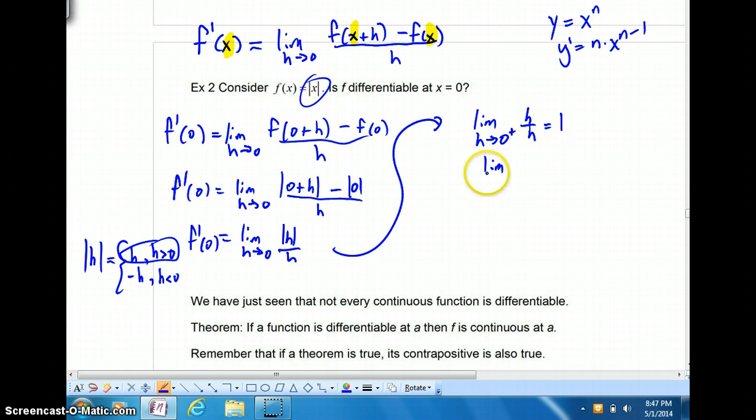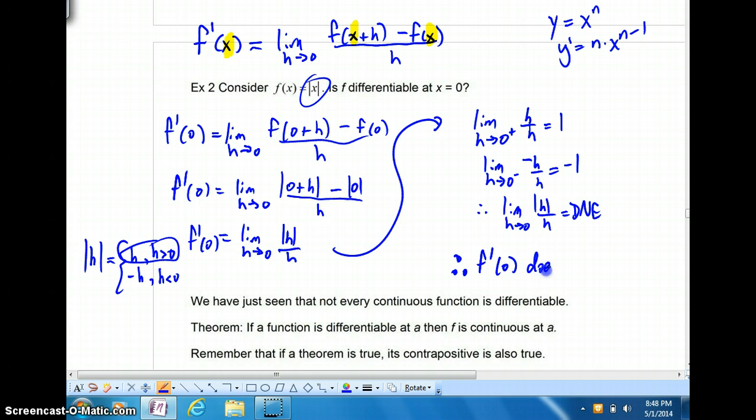As we take the limit as h approaches 0 from the left side, the absolute value of h now would be the opposite of h, and the opposite of h over h will be negative 1. Therefore, this limit as h approaches 0 of the absolute value of h all over h does not exist. But what is it that we just found that doesn't exist? It's f prime of 0. That does not exist. We're not differentiable at 0.